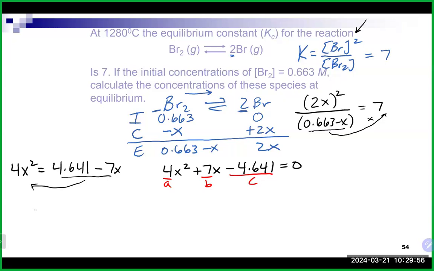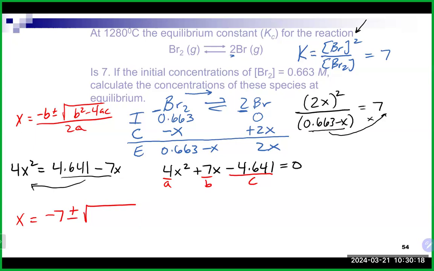All right, so we're good to go into our quadratic again, which is minus b plus or minus the square root of b squared minus 4ac, divided by 2a. Putting that in, that's going to give me minus 7 plus or minus the square root.